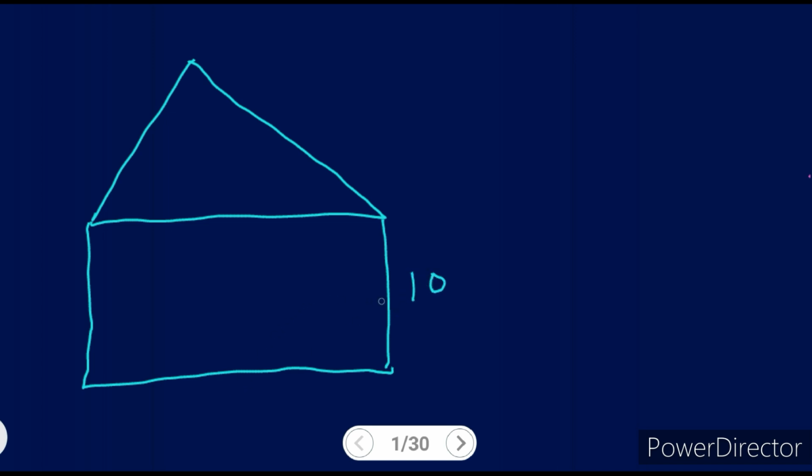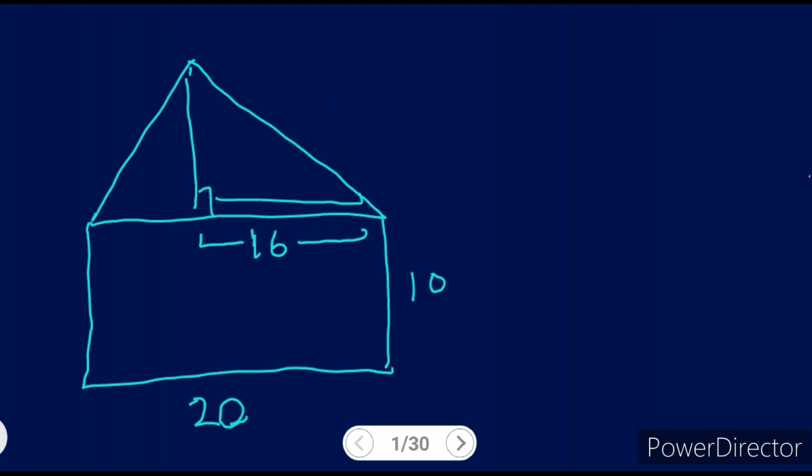So this is a rectangle, and let's say you're told that this part is 20. And then let's just say you're given this stuff as 16. So let's just say from here to here is 16.